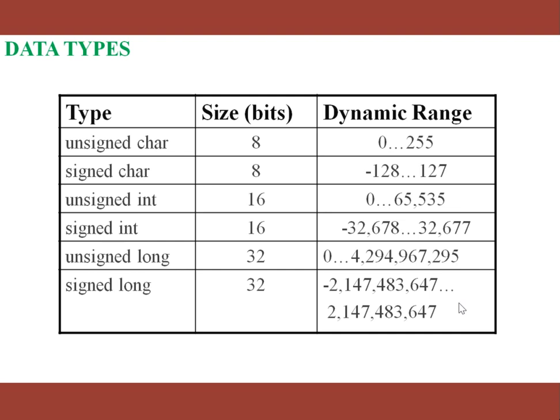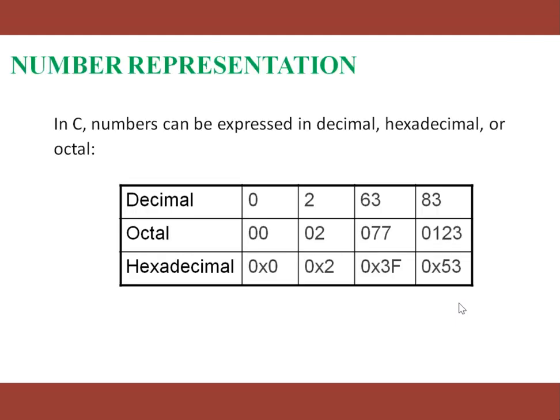Unsigned long have the range from 0 to 4,294,967,295. So these are the dynamic ranges for unsigned and signed longs.